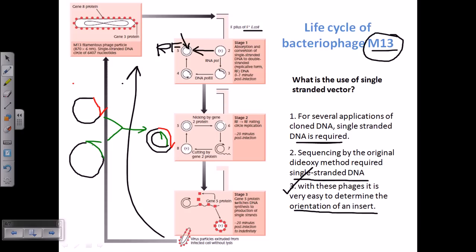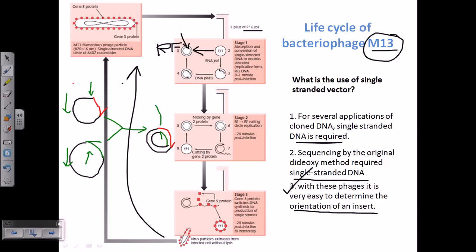Because the orientation of the genes is in opposite direction. This one is in this direction, this one is in this direction. If both of the genes are oriented in the same direction, hybridization could not occur. So by looking at this double stranded DNA, after providing the single stranded DNAs, we can tell that the orientation of those genes in those two species is in opposite direction. So we can get an idea about the orientation of the gene by looking at it.